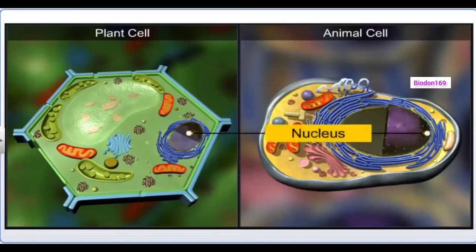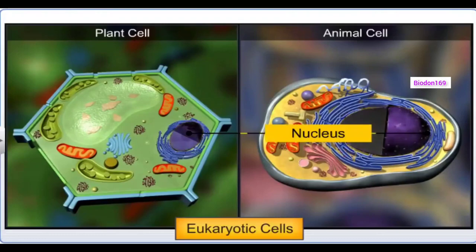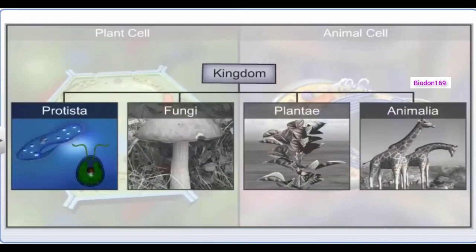If the nucleus is membrane-bound, then the cell is called an eukaryotic cell. They are found in members of kingdom Protista, kingdom Fungi, kingdom Plantae, and kingdom Animalia.